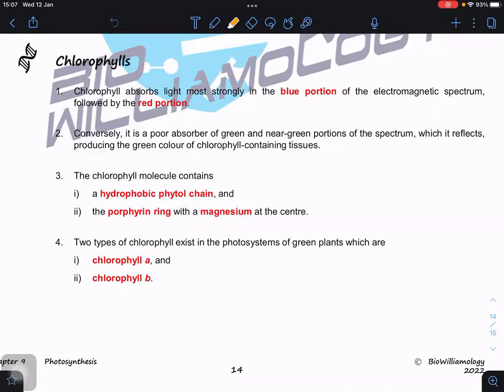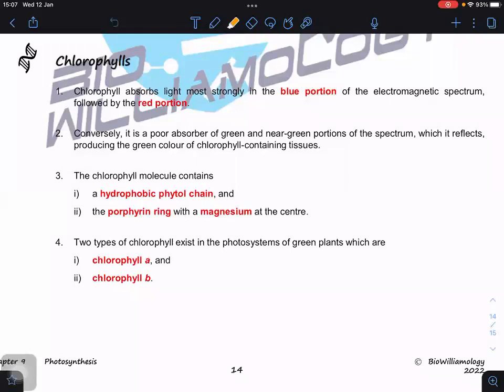So that's why the plants look green, because chlorophylls do not absorb the green color. They reflect the green color. That's why what we see is green. Are you clear? So they give the green color property of the chlorophyll containing tissues.